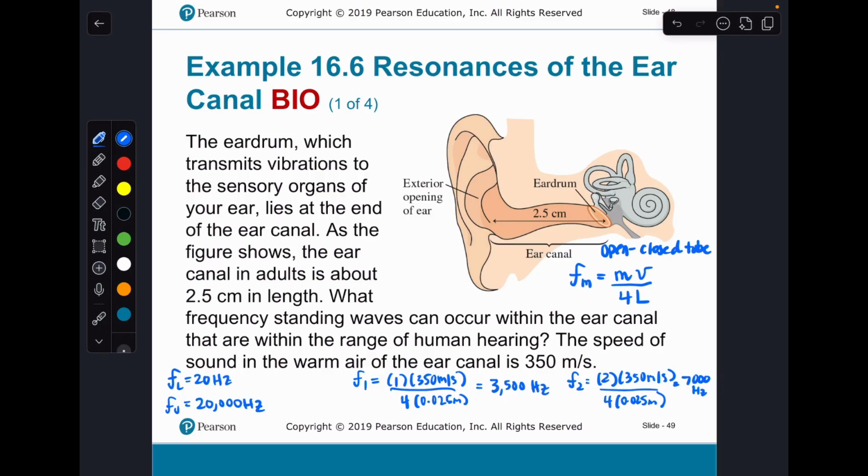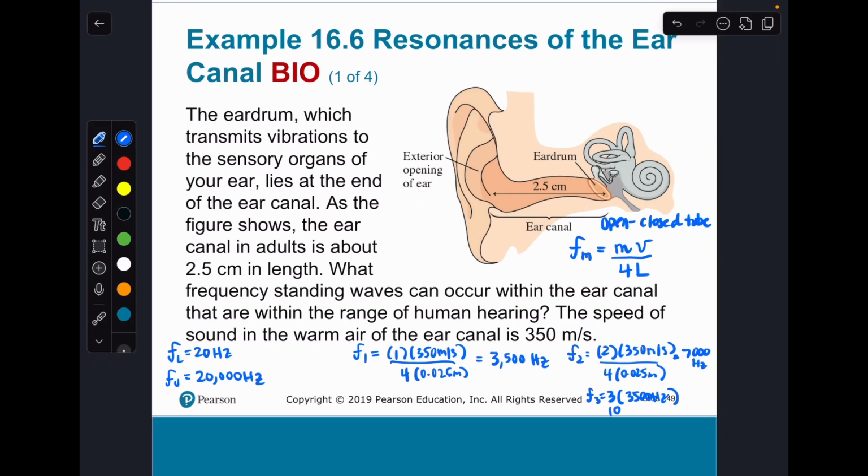And then we're going to do 3 times 3,500 hertz. 3 times 35 is 10.5. So we have 10,500 hertz. And so on and so forth, right? Until we get to about 20,000. We're going to stop. So those are the frequencies at which we can achieve standing waves in the ear canal.